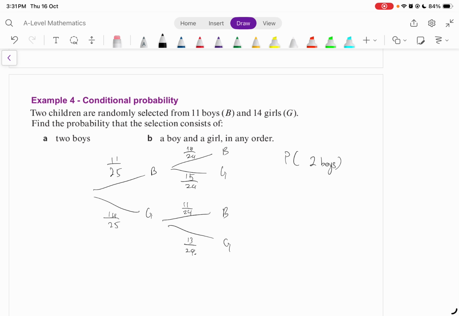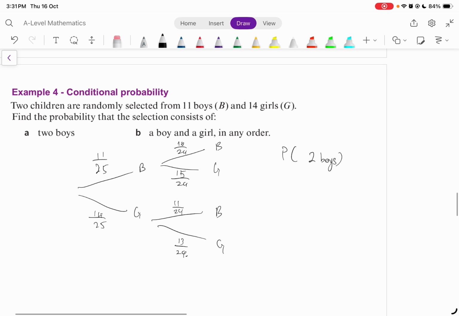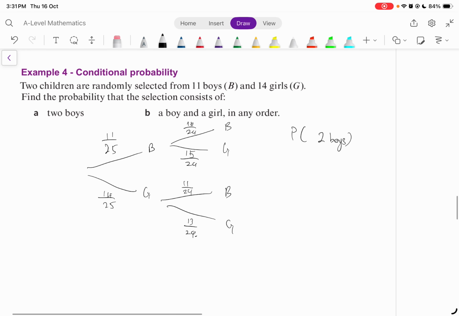Okay, so to be honest, 这个好像不是 conditional. I mean, I have no idea why they want to introduce conditional probability here. But no, they are just overcomplicating it.